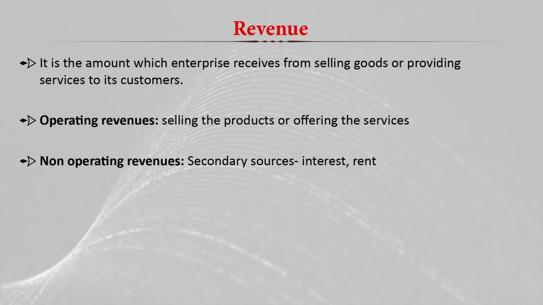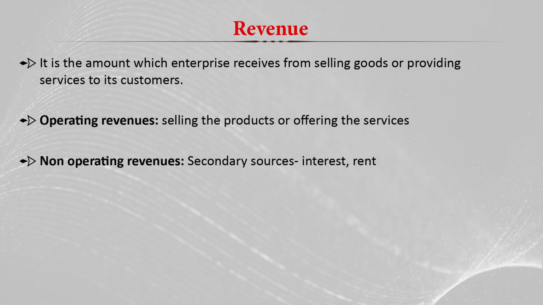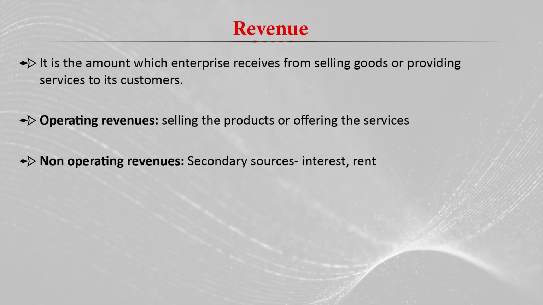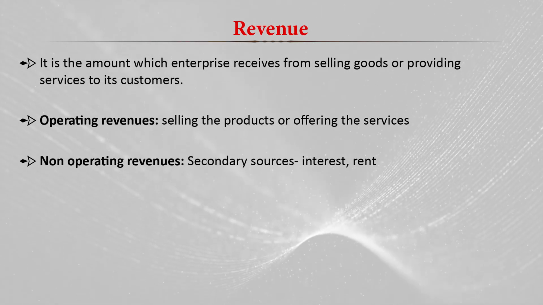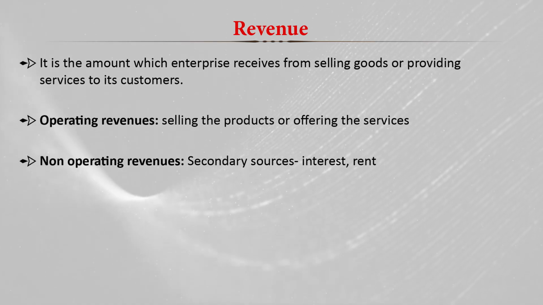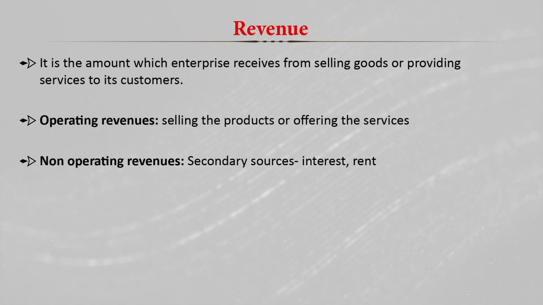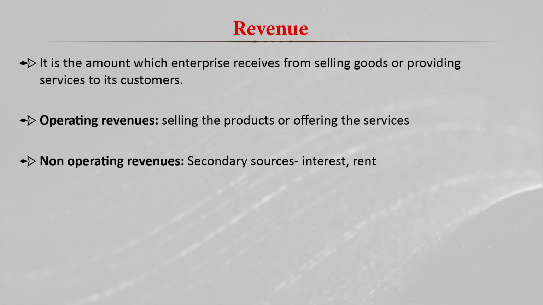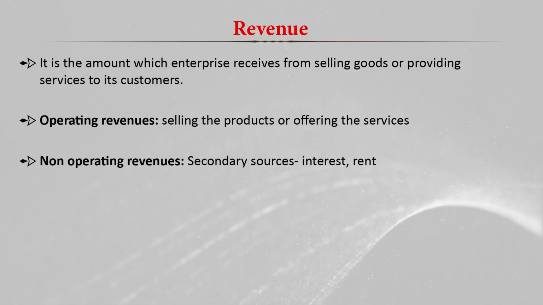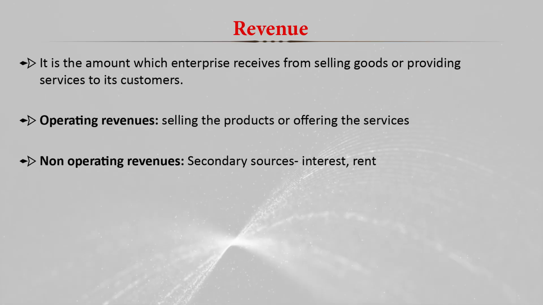So whatever receipt is due to the selling of the products is part of the revenue and the operating revenue. Then there are some secondary sources of income, like interest on deposits or fixed deposits, or rent on some machinery or building the company or firm has.